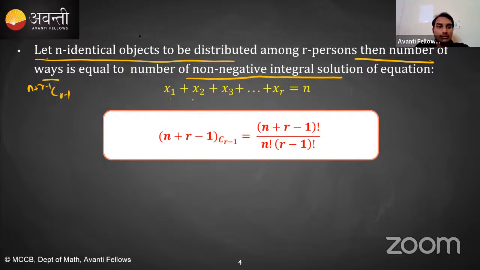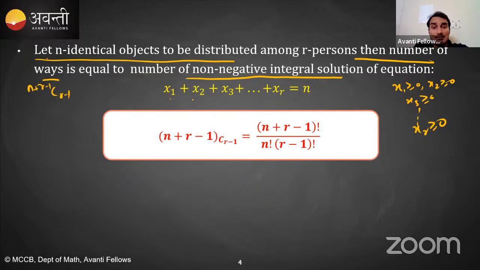Non-negative integral solution means x1 is greater than or equal to 0, x2 greater than or equal to 0, up to xr greater than or equal to 0, and all of x1, x2 up to xr have to be integers. So the number of solutions of this equation is the same as the number of ways you distribute n identical objects among r persons.